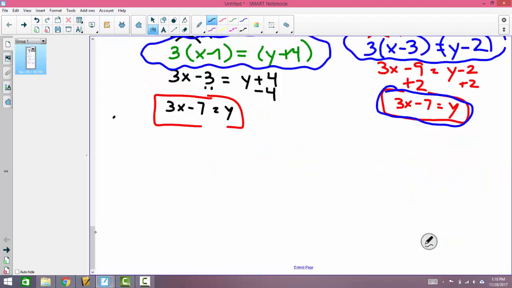So I'm going to give you 2 points and go ahead and write point slope form. So 4, negative 7, and 0, 5.